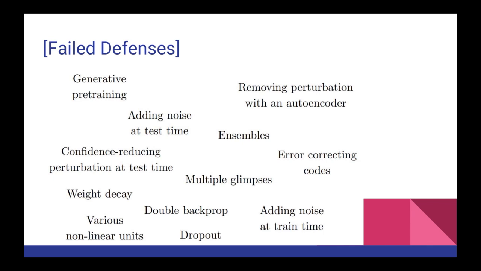But it turns out that none of these methods are completely successful. In other words, all of these methods can be fooled. So there is, at this moment, no foolproof defense against adversarial example attacks on deep neural networks. And this is a very active topic of research these days.